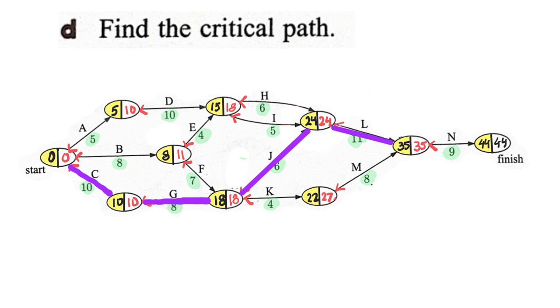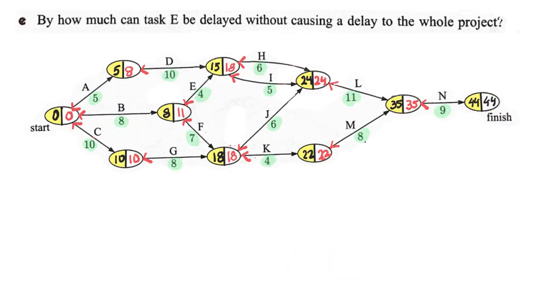And finally, by how much can task E be delayed without causing a delay to the whole project? Let's just have a look at task E on its own over here. What you see here is that this node has the earliest time of 8 and the latest time of 11, which means that there is a slack of 3 minutes over here.